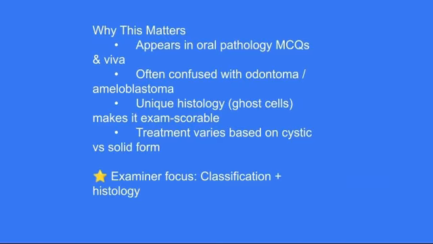The reason you should focus on COC is that it appears often in oral pathology MCQs and vivas. It can be confused with odontoma or ameloblastoma. Its unique histology, especially ghost cells, makes it high yield for exams. Treatment depends on whether it is cystic or solid. So we have to remember examiners focus on classification and histology.